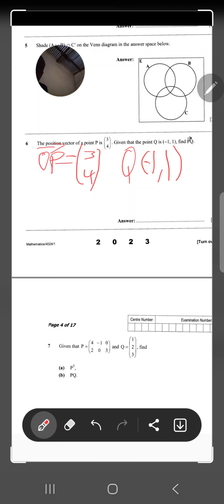Question: find vector PQ. Okay, so for us to move from the position P to position Q, we must start from P and find ourselves on Q. There we are going to add like that.